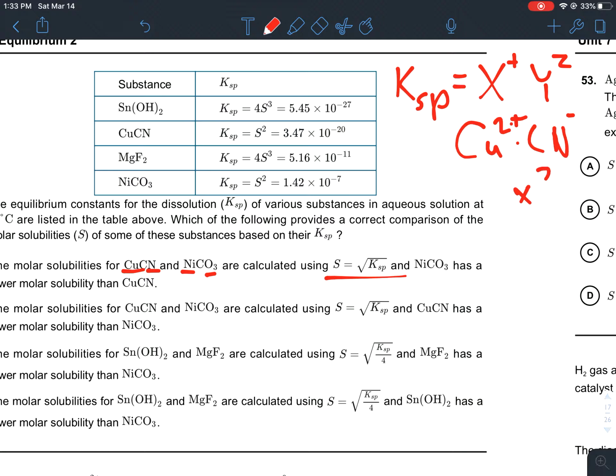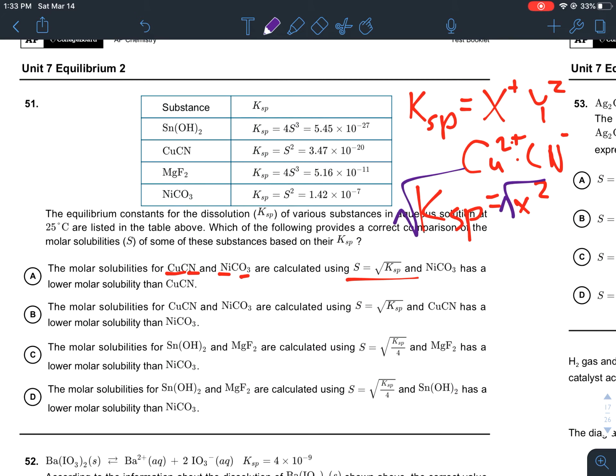So they're really just x squared. So if I want to find my solubility, or how much of my Cu or how much of my CN, all I need to do is square root both of these. So look at A and B. They both have the solubilities equal to the square root of Ksp. So that's true. Okay, this part is true.